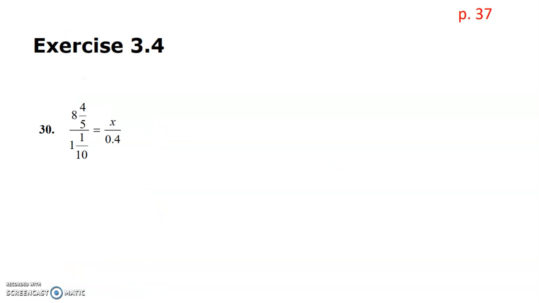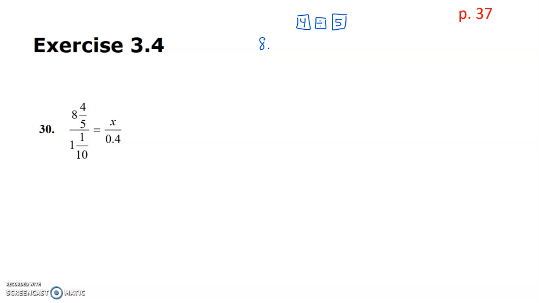Sometimes you get questions like number 30, where you have fractions and decimals. What you can do when you have both fractions and decimals is change the fractions to decimals. That's allowed. So I'm going to take 8 4/5 and I'm going to convert that to a decimal. So 8 4/5, you can write this as 8 decimal, and then on your calculator you can take 4 divided by 5.